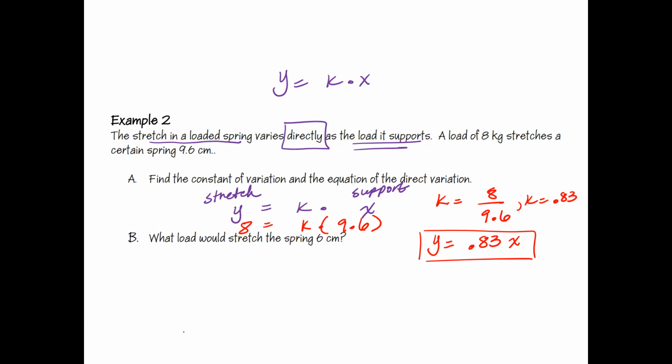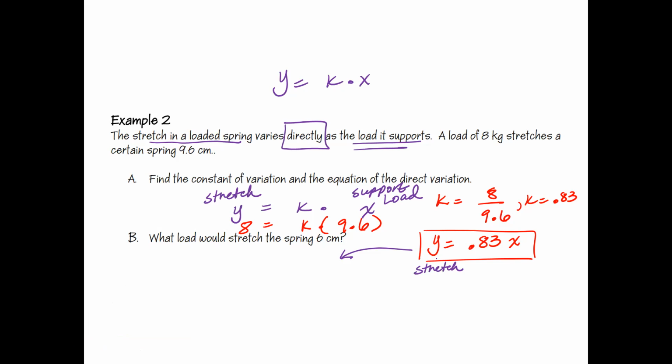So then the question here says, what load would stretch the spring 6 centimeters? So then if this is my equation, I'm going to use this, okay? So y is your stretch, right? I'm just going to keep in mind which one's which.